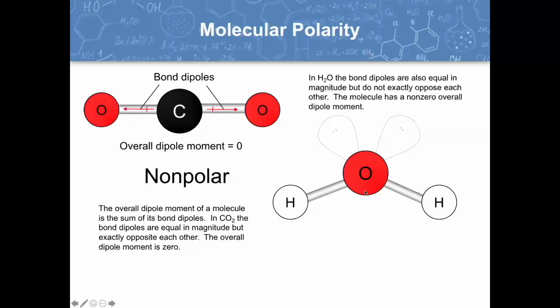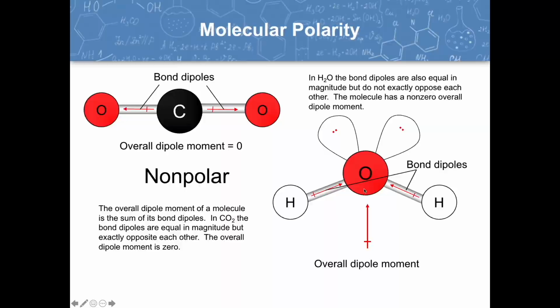Their bond polarities don't cancel each other because the molecule is V-shaped. The bond polarities actually reinforce each other. We call it reinforcement. So the bond polarities are partially reinforced, making the oxygen end partially negative and the hydrogen ends partially positive. This makes an overall dipole moment, and we can say that water is a polar molecule.